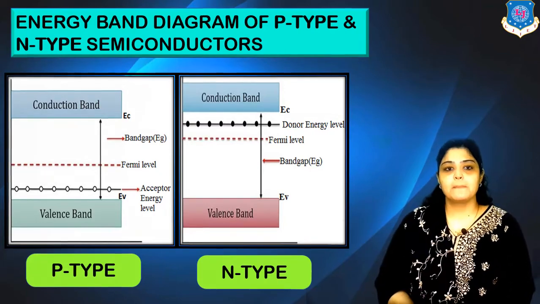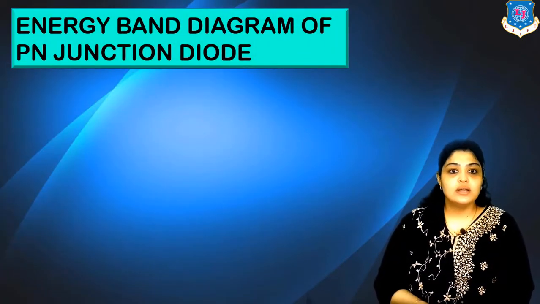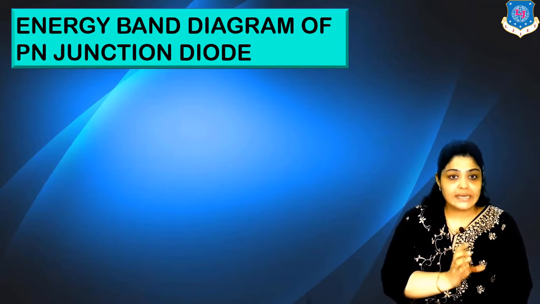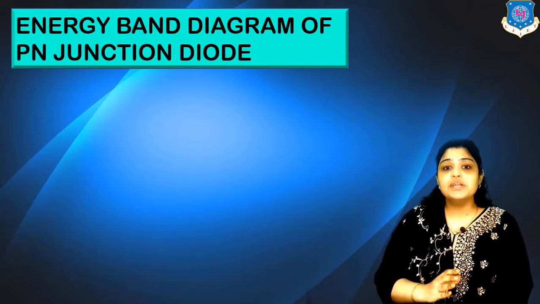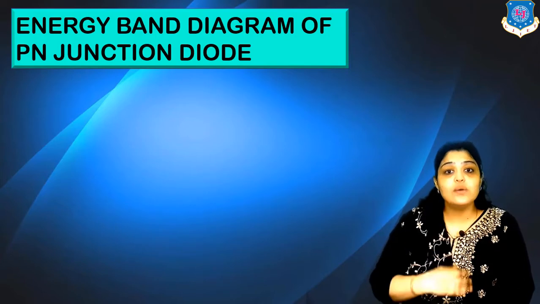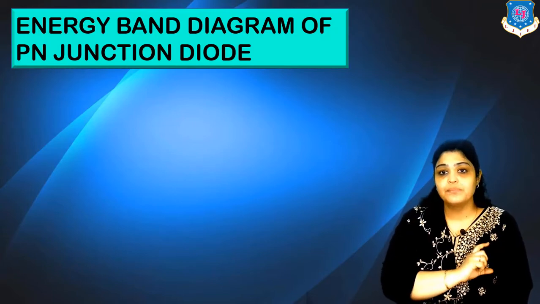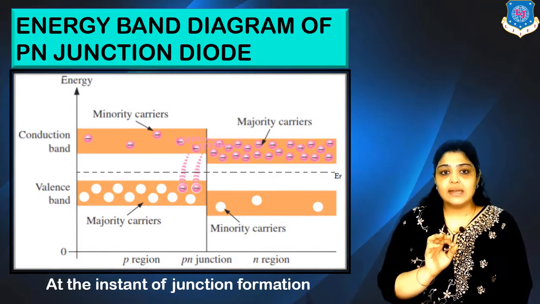Now let's see energy band diagrams of a p-n junction diode. Till now we have discussed individually how the energy band of a p-type is drawn and how the energy band of an n-type is drawn. Now we are going to discuss how the energy band diagram of a p-n junction diode is made. Just keep one thing in mind.